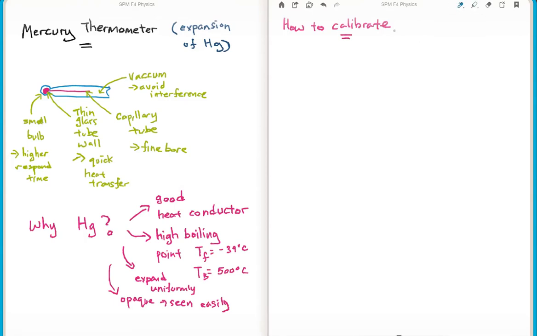Okay, to calibrate. First of all, calibrate your thermometer. To do that, simple. Use a funnel. Okay. And then put a thermometer into here. Fill with ice.